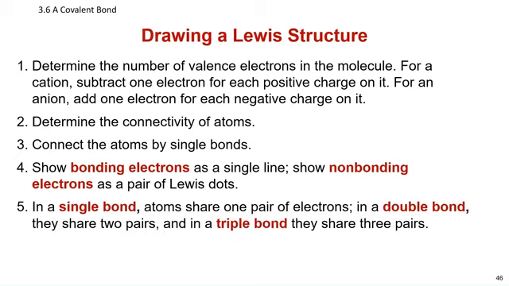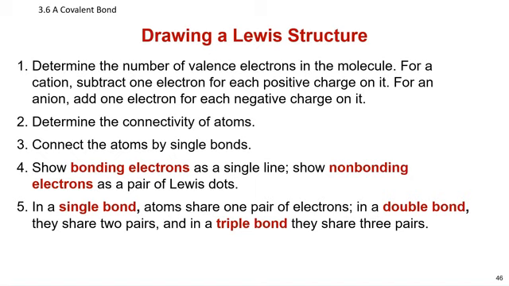If a molecule, after forming bonding electron pairs, still doesn't have an octet of electrons, it can share lone pairs of electrons to make double bonds or triple bonds. A double bond is where two electron pairs are shared between atoms, and a triple bond is when three electron pairs are shared between atoms.